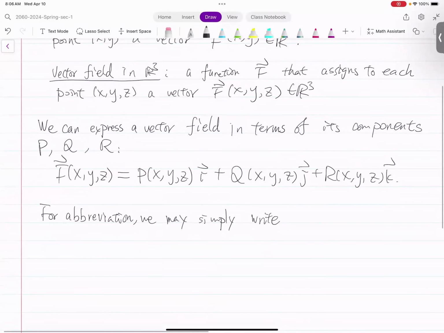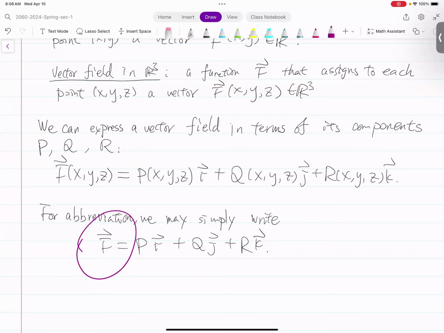So you can just write F of r as a vector function equals P i plus Q j plus R k. This is actually a valid notation, since if you're just looking at the components, it's i, j, k, right? So it tells you, okay, we're in 3D, and since this is a vector field, that's indicating that we have 3 arguments and 3 components as the output.